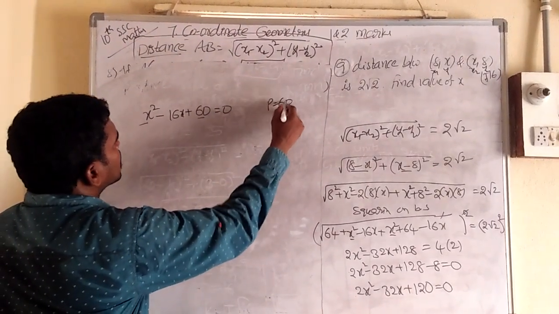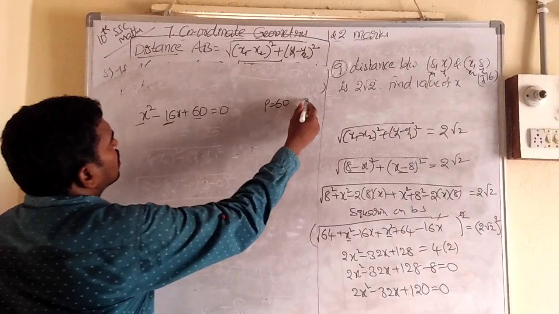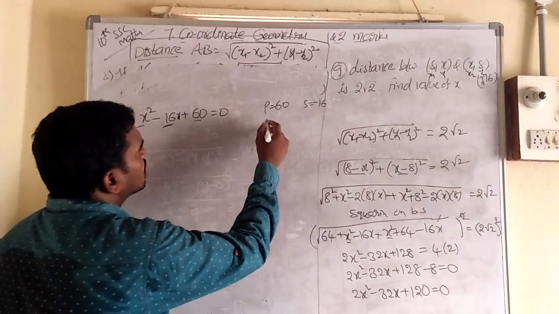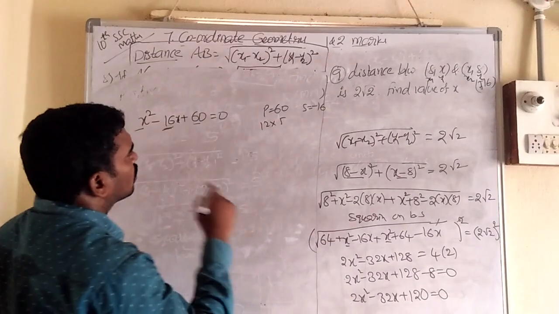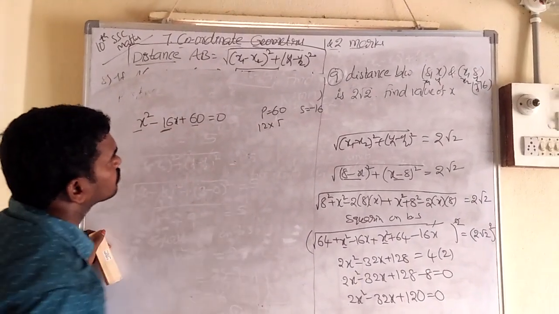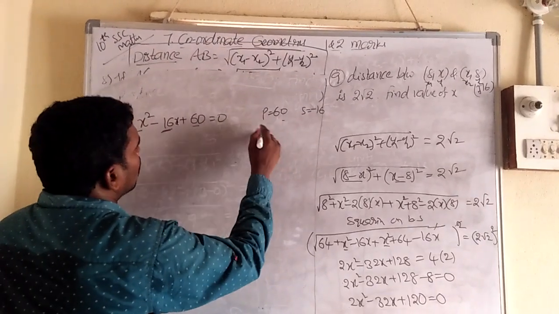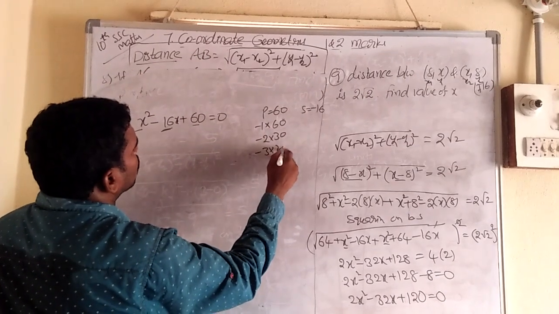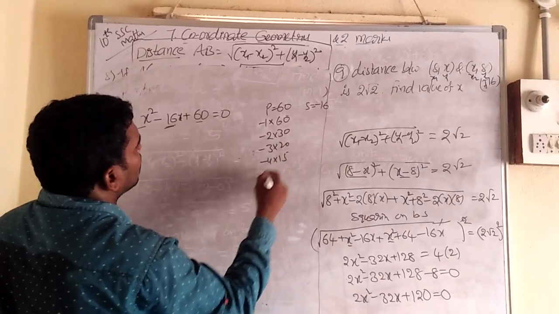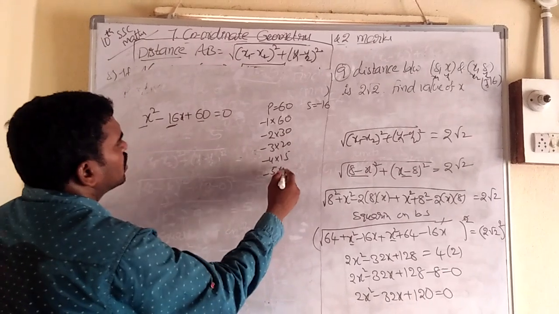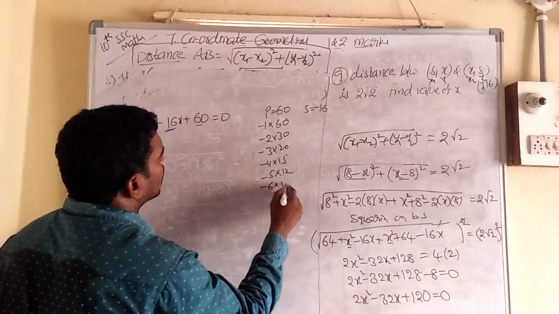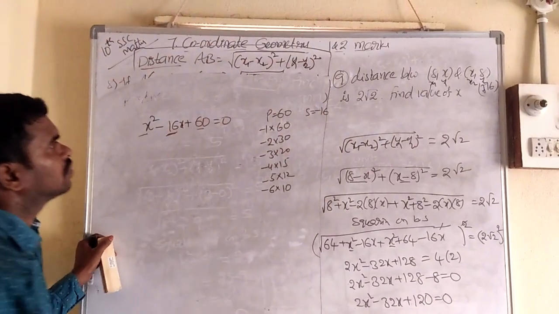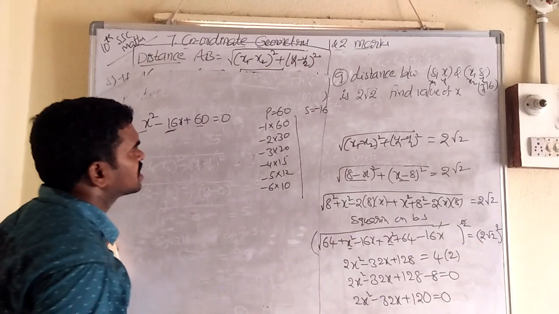So the product equals 60. Here the sum is minus 16. Okay now, in which table can it be written as 12? I am writing all: 1 into 60, minus 2 into 30, minus 3 into 20, minus 4 into 15, minus 5 into 12, minus 6 into 10, and then 7 table, 8 table, 9 table. Okay, here the sum is minus 60.